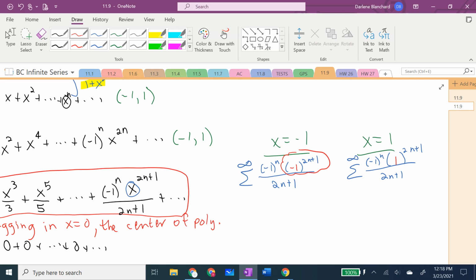Well, keep thinking about that. Only that negative 1 squared and then times negative 1, right? So ultimately, what does that negative 1 to the 2n plus 1 actually simplify to?